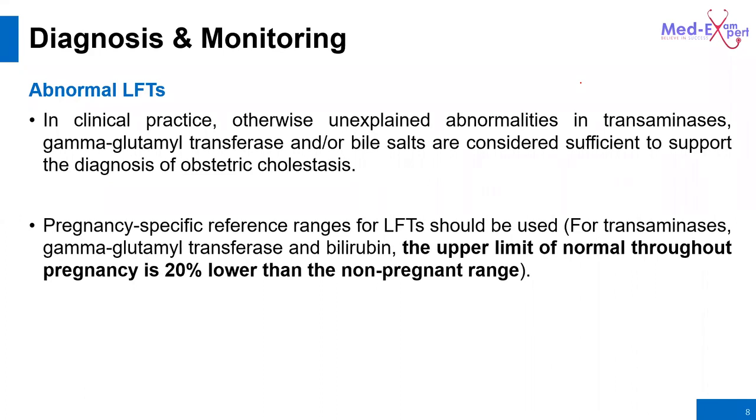And we should keep in mind to use the pregnancy-specific reference ranges for the liver function tests. We should note that the upper limit of liver enzymes and bilirubin is 20% lower in pregnancy than the non-pregnant range. So we have to use the pregnancy-specific reference ranges. This is, of course, in our clinical practice.